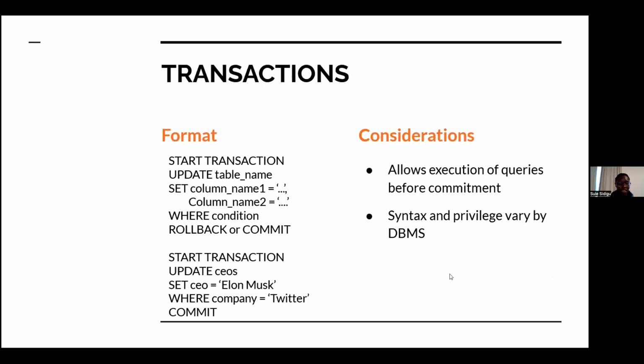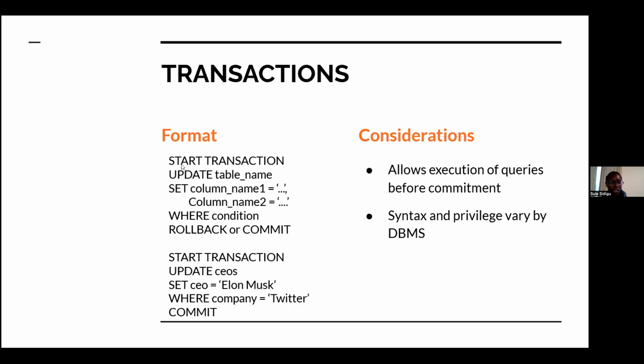This isn't mentioned in our book specifically, but I found that there is a case where you can make a change, then see the change before actually permanently committing to it. This specific example is based off of PostgreSQL syntax, so I know it might be a little bit different for your database management system.